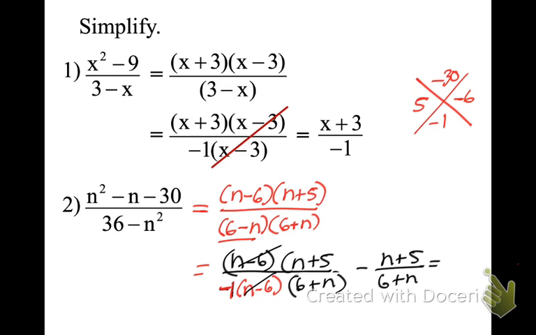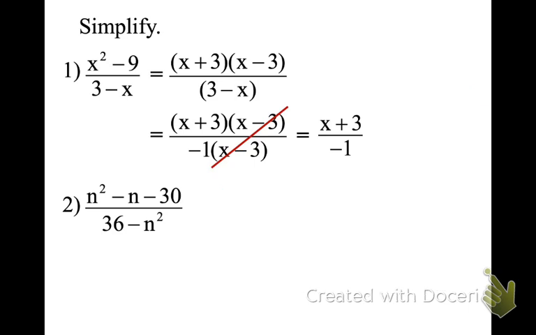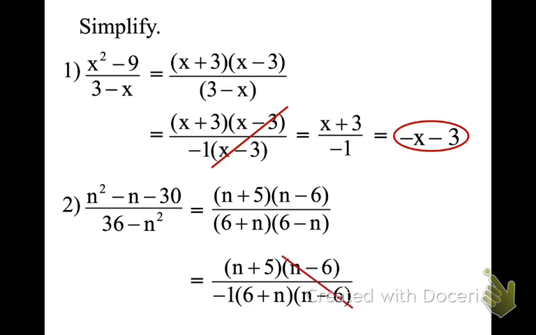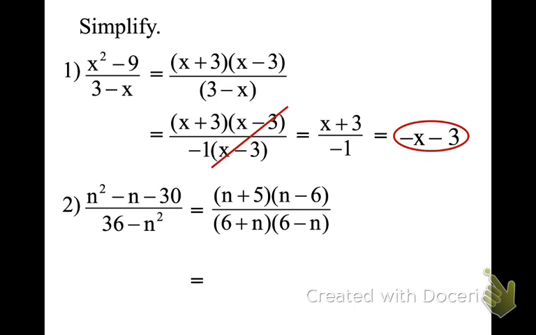Yes, question? Doesn't that mean you're also multiplying 6 plus n by negative 1? It's like 2 times 3 times 4. It doesn't matter, you're only factoring out 1. By the way, I want to show you something. I can factor out of just this factor, so I'm going to put that negative 1 here.